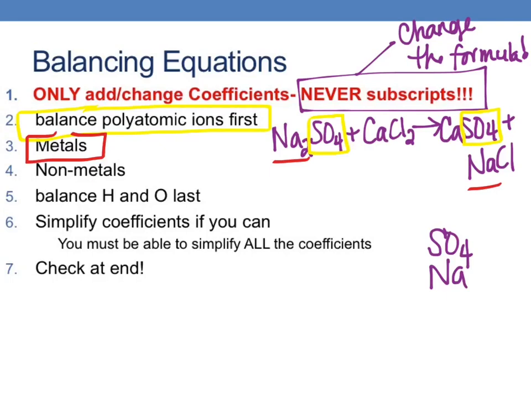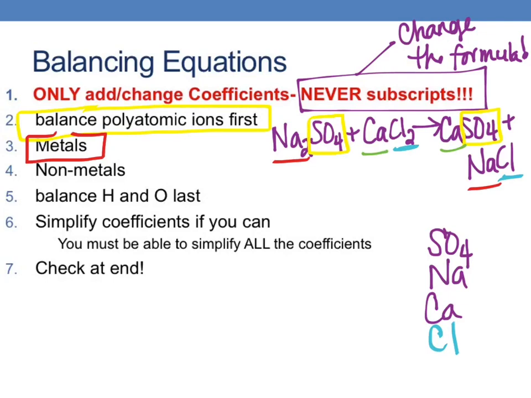So I'm going to put Ca. And then lastly, we are going to go and grab our nonmetals. So nonmetals, chlorine. So we list that. That's the list of everything we have.